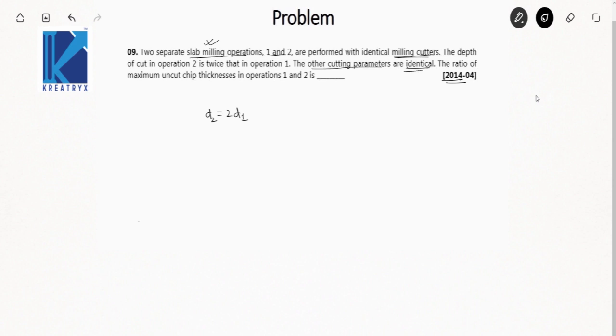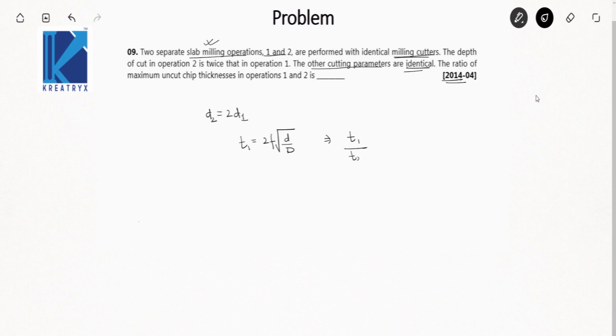The ratio of maximum uncut chip thickness in operations 1 and 2 is asked. For a milling operation, the maximum uncut chip thickness is denoted by the relation t1 = 2f under root of d by D, where d is the depth of cut, capital D is the diameter of the cutter, and f is the feed rate. Now they are asking the ratio of maximum uncut chip thickness in operation 1 by 2.